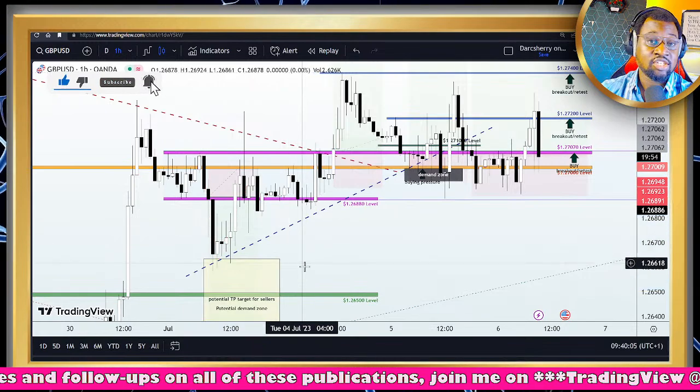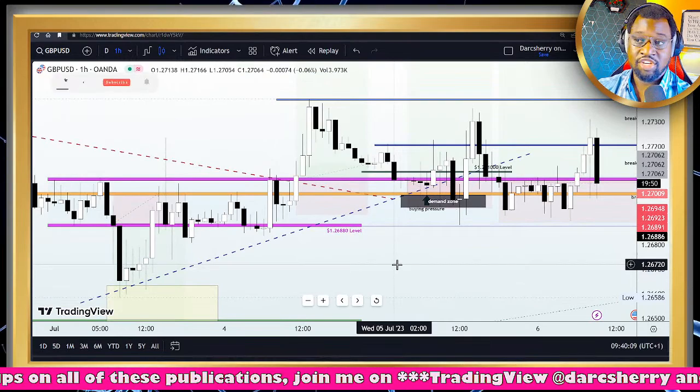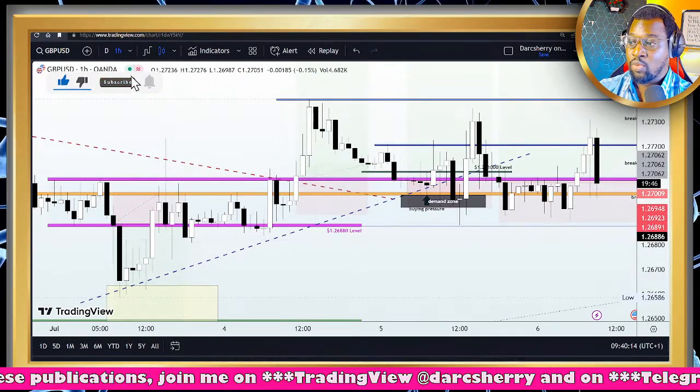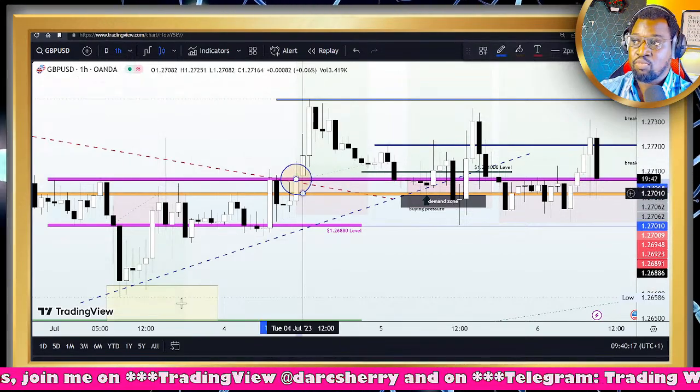Now, instead, price action continues to find higher highs, and to help us guide our trading activities, we had this ascending trend line figured out where we were able to guide us into taking advantage of this move right here.